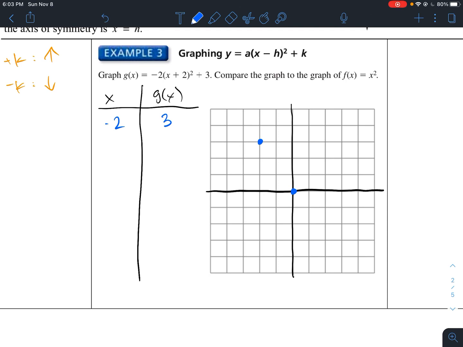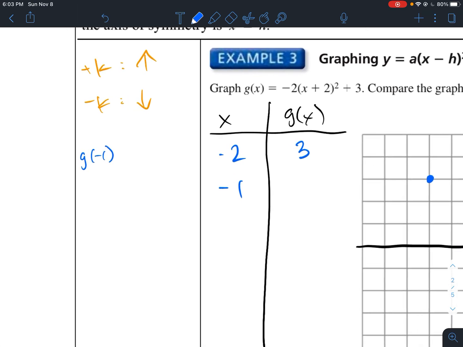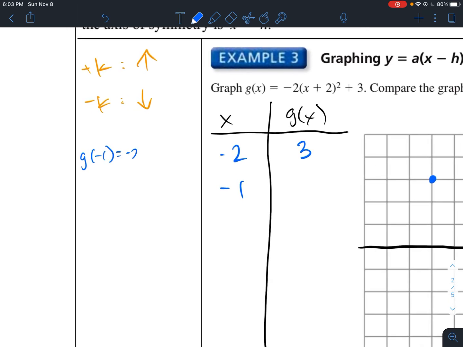Okay, so now let's try and find out what the value of the graph is. Let's say when x is -1, so right here. So when x is -1, let's plug that into our function. So g of -1 is equal to -2 times (-1 plus 2) squared plus 3. So it's equal to -2 times (+1) squared plus 3.